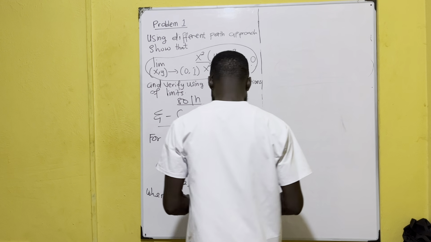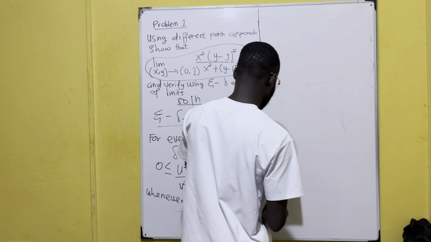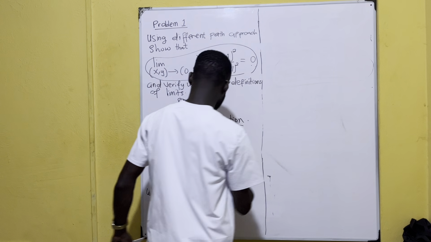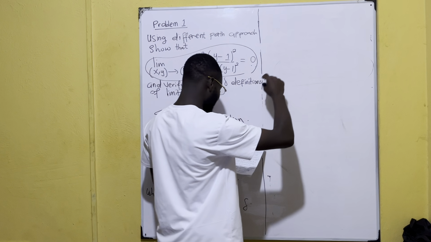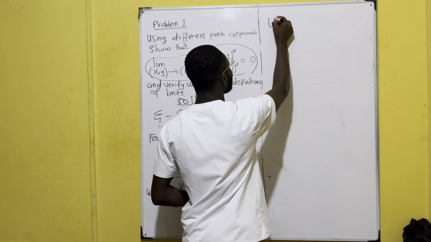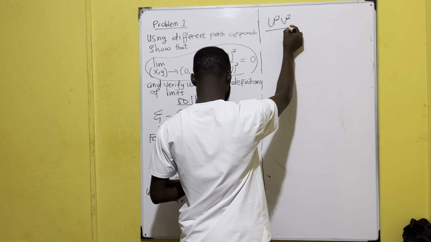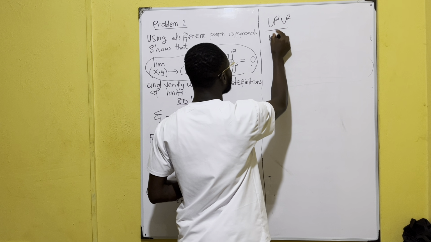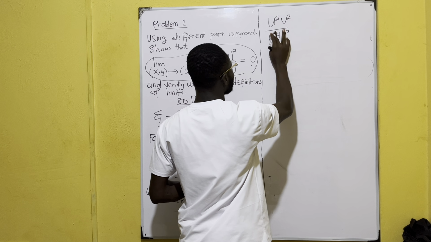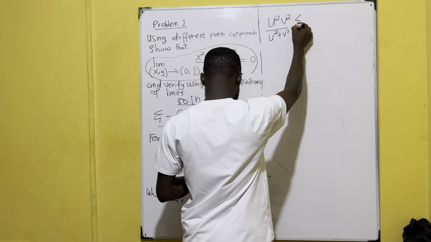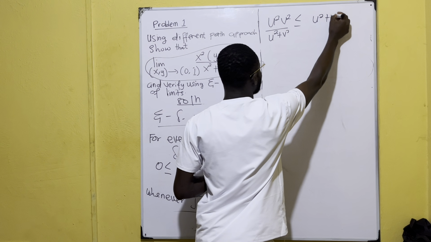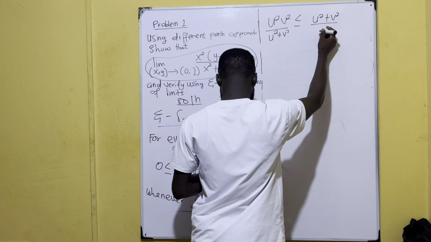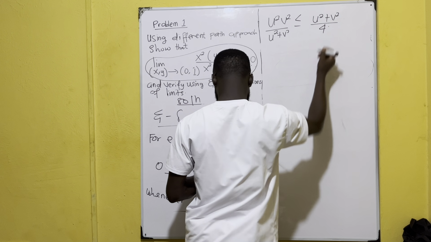So we're going to say that from the inequality above, u squared v squared divided by u squared plus v squared should be less than or equal to v squared, u squared plus v squared divided by 4.